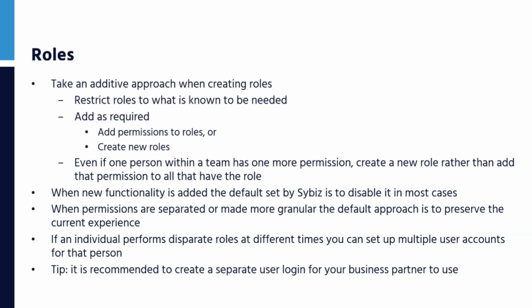There are some exceptions to that rule. So if we make permissions more granular, which we have done from time to time as well, what we tend to do is say, okay, well, if the high level permission that was granted previously has been to permit someone to do something, then as that high level permission is split into many permissions, we will either enable it or disable it based on what is currently set within that role.